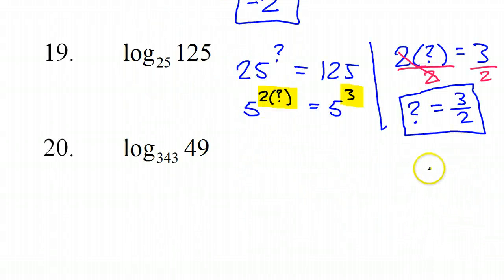All right, last one. I have a 343 and a 49. I think this is going to have to be done the same way as number 19.